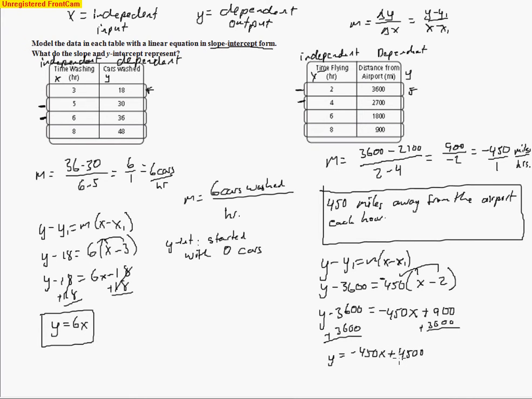So what's that y-intercept represent? We would know the slope. The slope was 450 miles away from the airport each hour. Well, the 4,500, this number right here, that number represents, that means we started 4,500 miles from our destination.